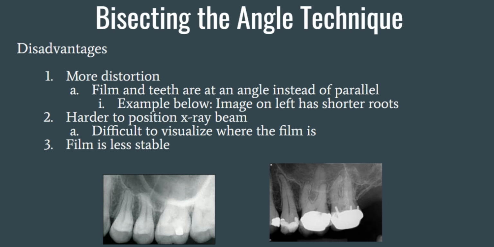And the film is less stable. With the paralleling technique, not only do you have that ring that you are able to aim the beam through, but your film is held in place with the bite block. With the bisecting technique, you don't have that. So that creates more chance of moving.